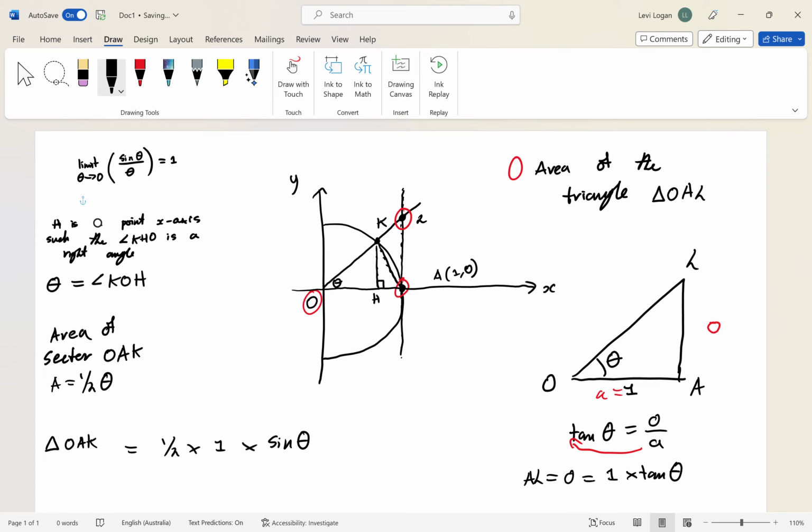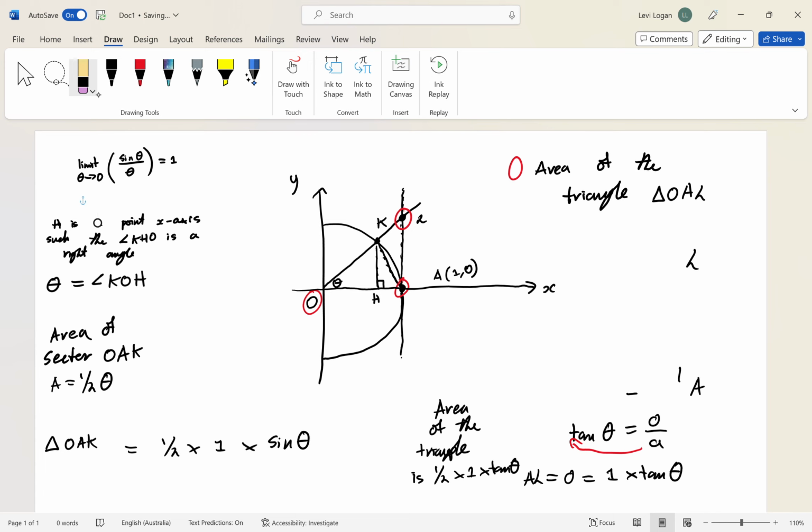Okay? So the area of the triangle is 1/2 times 1 times tan theta. Okay? So rub that out now.